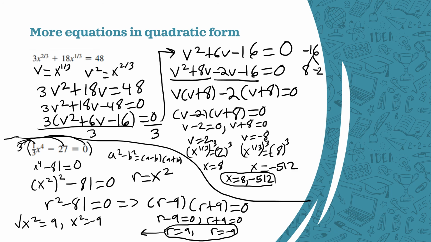Take the square root of both sides of the equation here. You get x equals plus or minus 3. Take the square root of both sides of the equation here. x equals plus or minus 3i. So therefore, the solution is x equals negative 3, 3, negative 3i, and 3i, and that is the solution to this one.